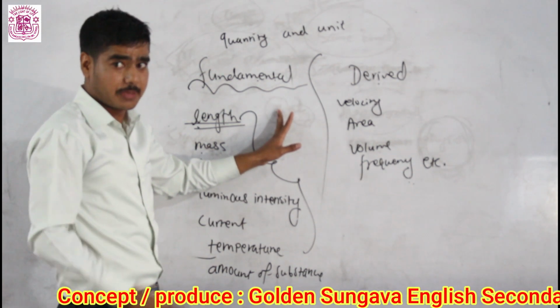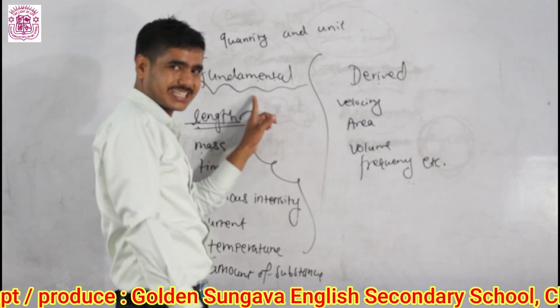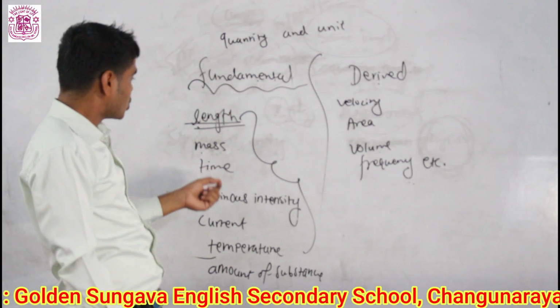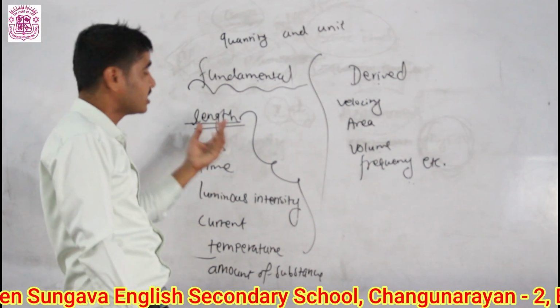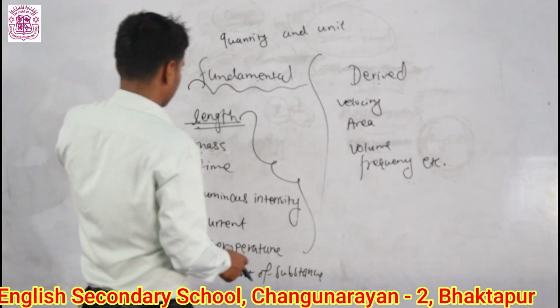These are the quantities. Those things which you are going to measure are the quantity. But those reference things which you are taking while measuring the substance, these are the unit.